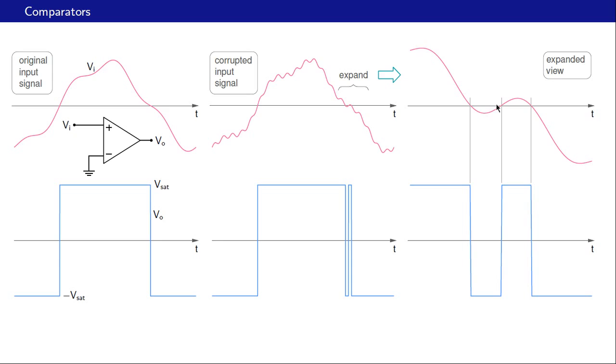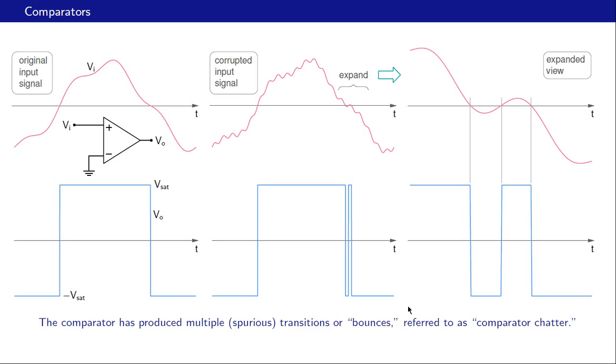So let's expand that part over here. So this is our input signal, and instead of crossing 0 only once, as in this case, it is crossing it here and then here and then here again. And because of that, the output transition is not just 1 but 1, 2 and 3, and this is definitely not desirable.